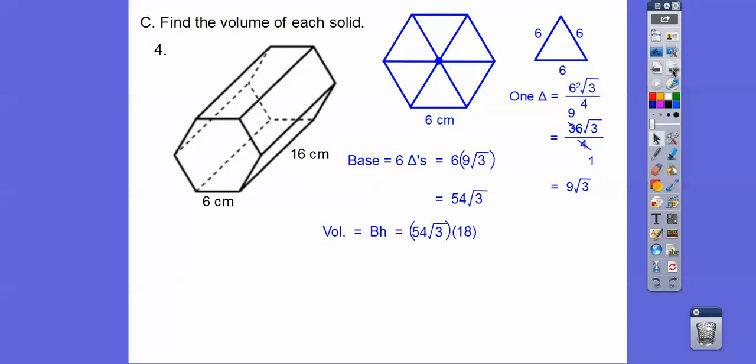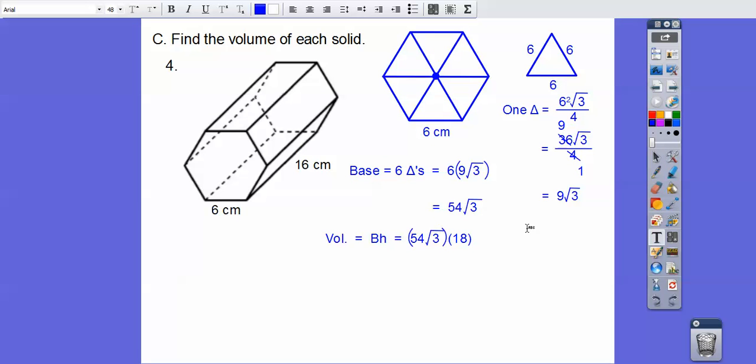Now we just multiply that times 16. I made a mistake. Golly, my students didn't even catch that this morning. Let's see if I can pull out my calculator here. So it's going to be whatever 54 times 16 is. Let me double check here. 54 times 16 is 864.